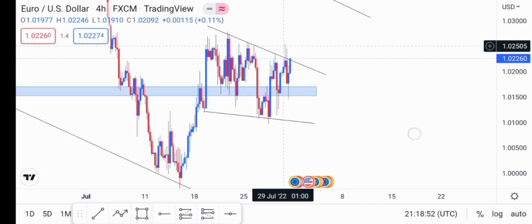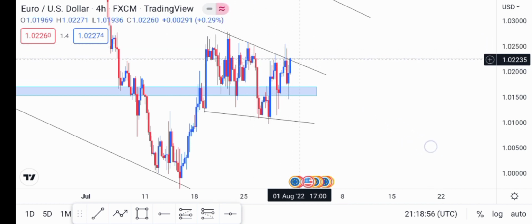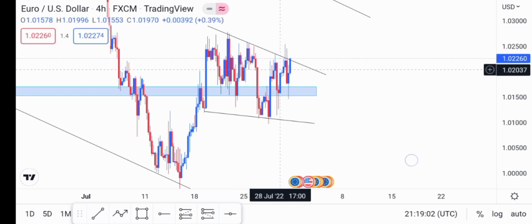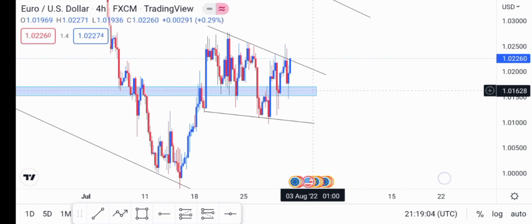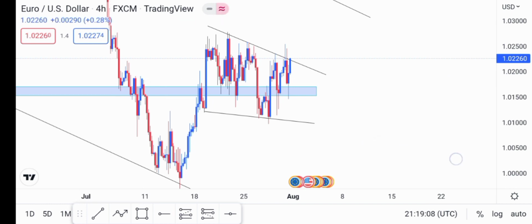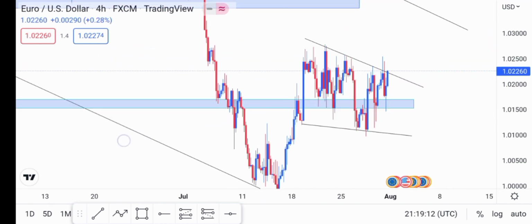And from this point over here, you can see first touch, second touch. This was the third touch, and we nearly broke out of this flag, but Euro USD pushed to the downside to respect this level over here. As you can see, this level has been respected right over here again, and so on.